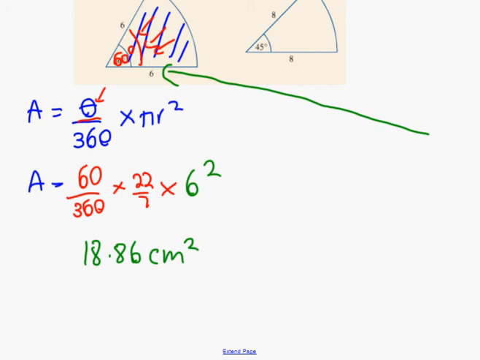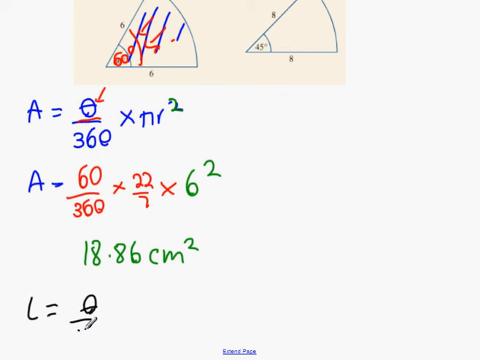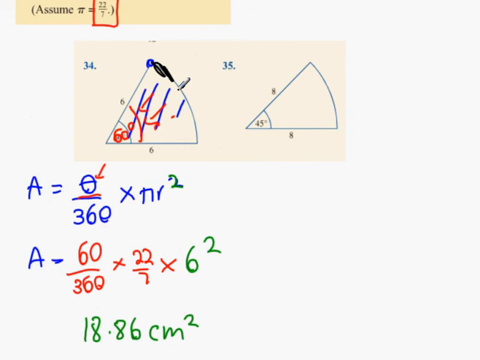Now, we'll do the length formula. Do you understand? So how do you do the length formula, guys? Theta over 360 multiplied by 2 pi r. This length refers to this black part here, doesn't it? That's the length of the arc. Everybody happy with that?